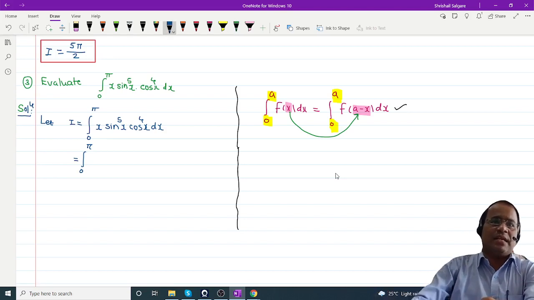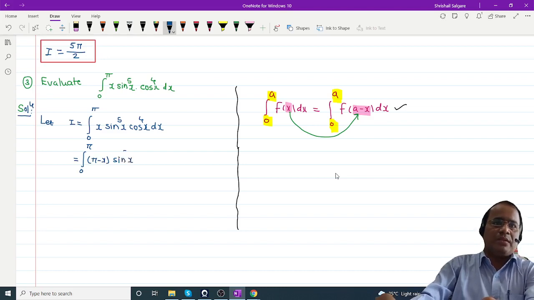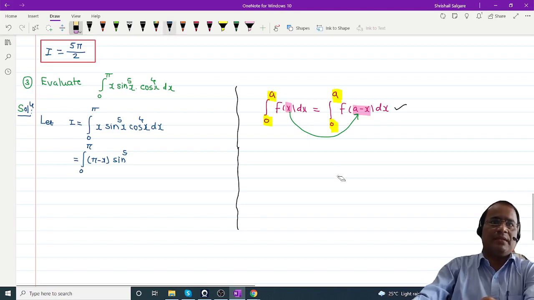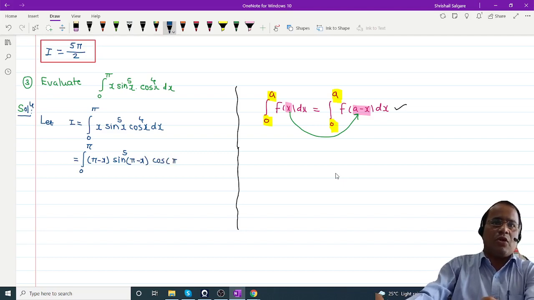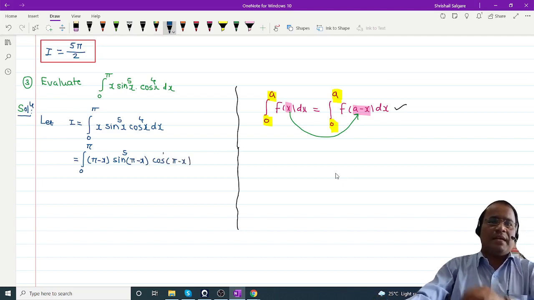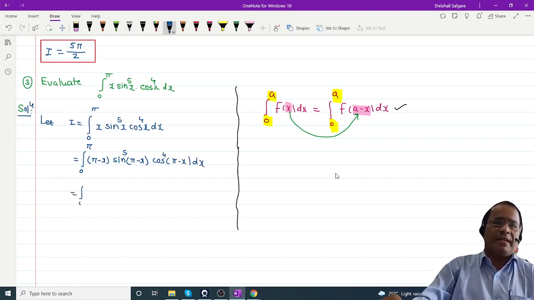So I will write pi minus x into sin of (pi minus x) raised to 5 into cos of (pi minus x) raised to 4 dx. Now one more step, I will write it from 0 to pi.